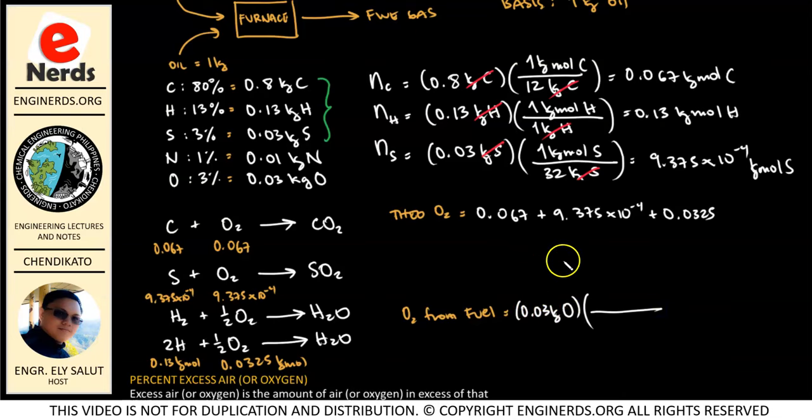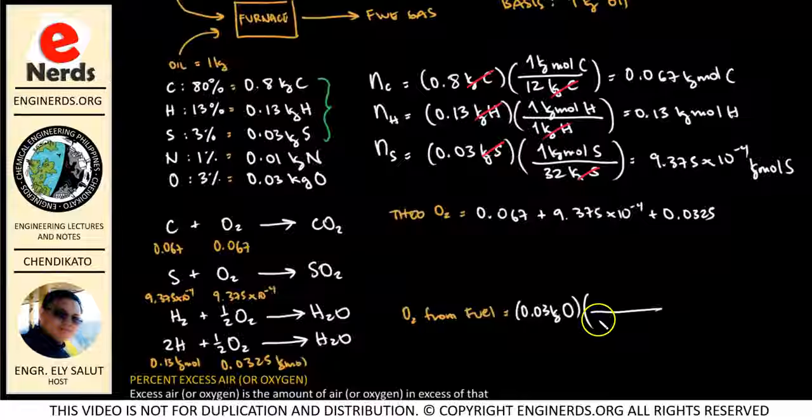We need O2 because everything is in O2 form. What is the molecular weight of O2? Oxygen is 16, but we have 2 oxygen here, so 16 times 2 is 32 kilogram of O2 per 1 kilogram mole of O2.